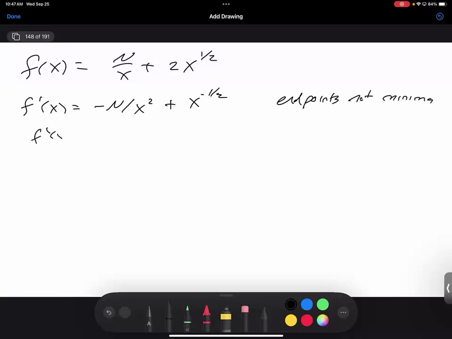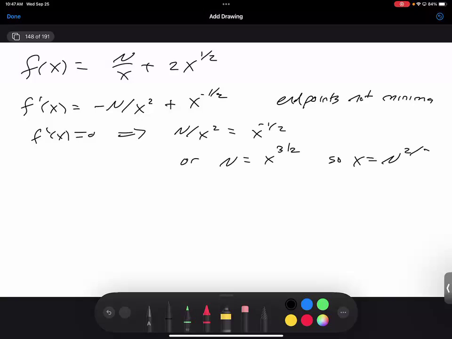So f prime of x equals 0 implies n over x squared equals x to the minus 1/2, or n equals x to the minus 1/2 multiplied by x squared, which is going to be x to the 3/2. So x is equal to n to the 2/3.